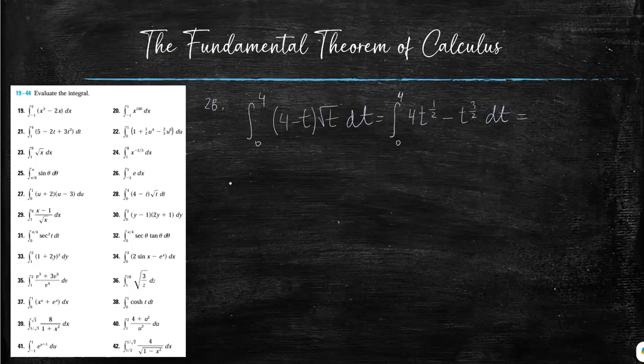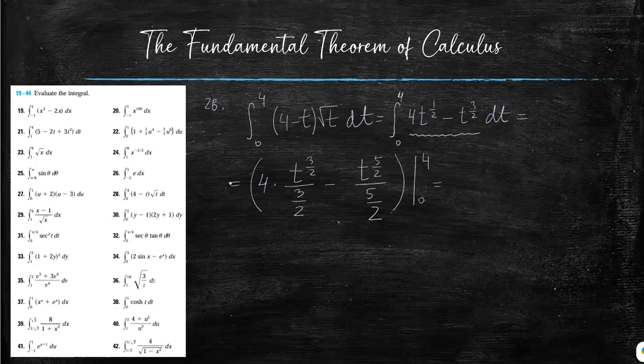And when you do that, we can now use our integration skills and the power rule to find the antiderivative of this. So it's going to be 4 times t to the power 3/2 divided by 3/2 minus t to the power 5/2 divided by 5/2. This is the antiderivative, and we're going to evaluate it between 0 and 4.